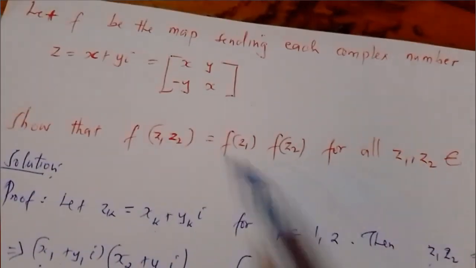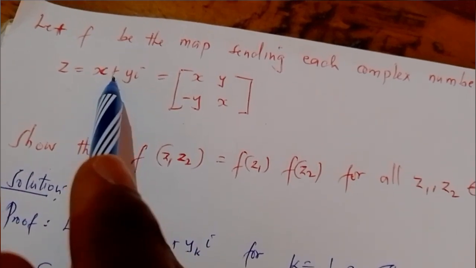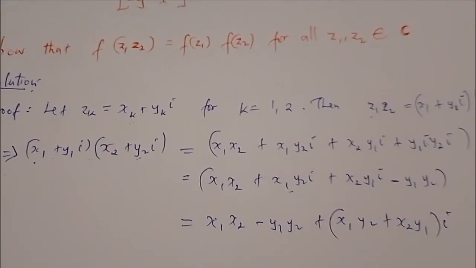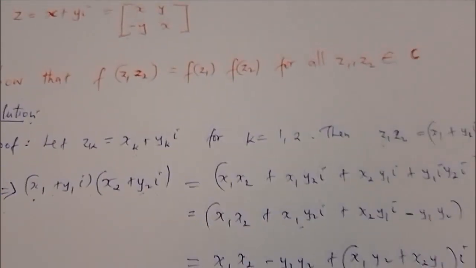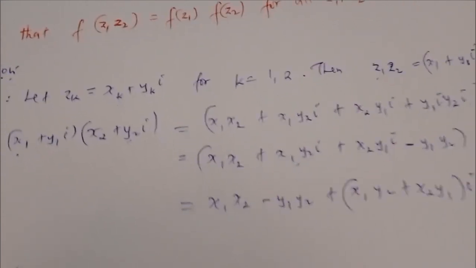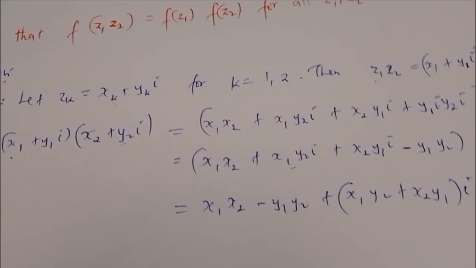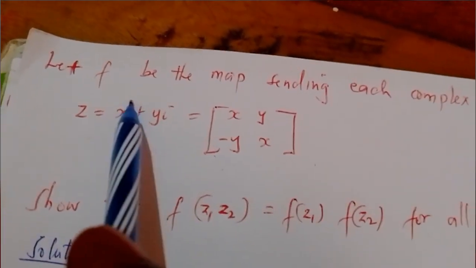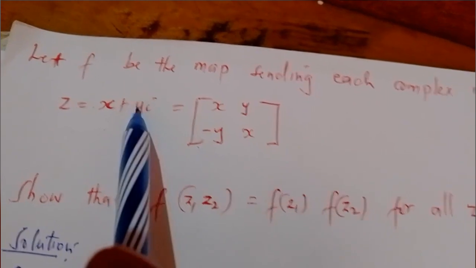And remember, you have been given in the question that z equals x plus yi is mapped to this matrix. Hence f(z1 z2) is equal to, remember, in this matrix x is for the real part, and y is for the imaginary part.